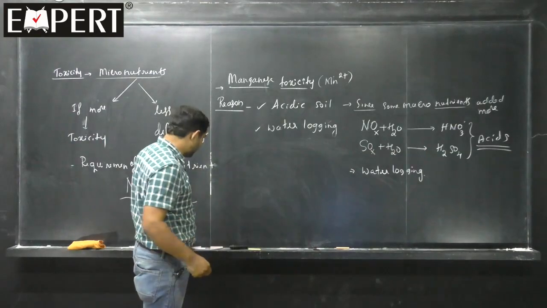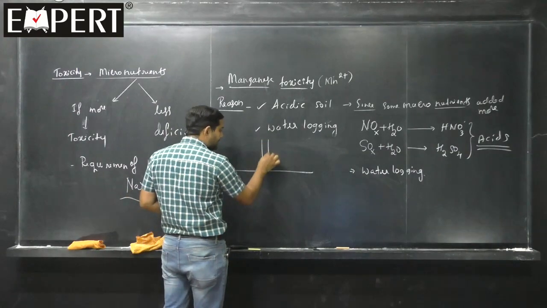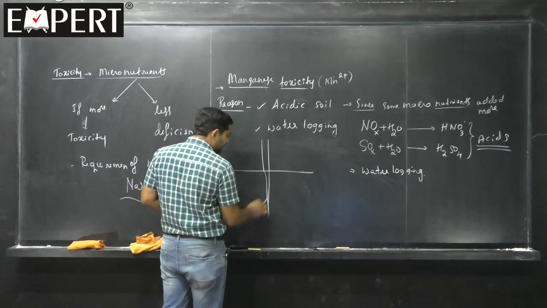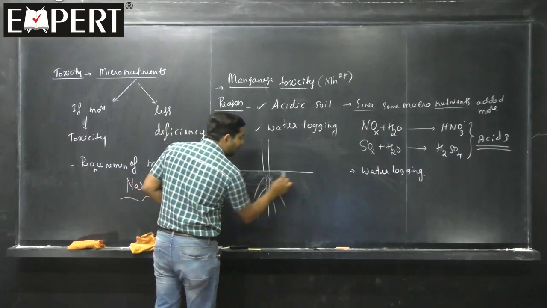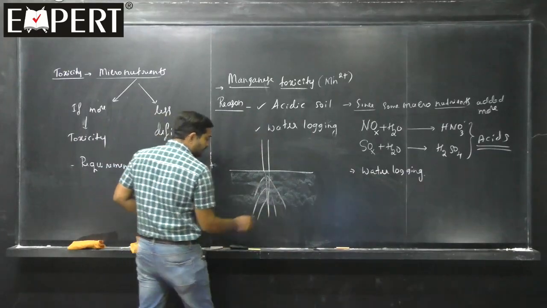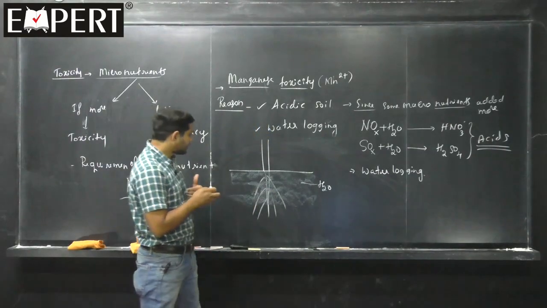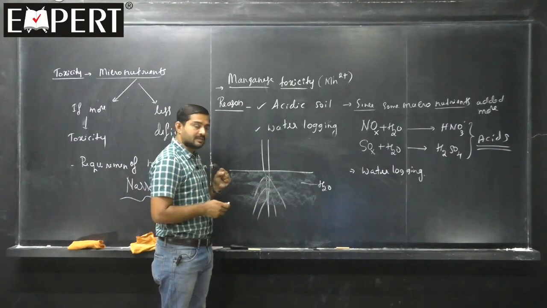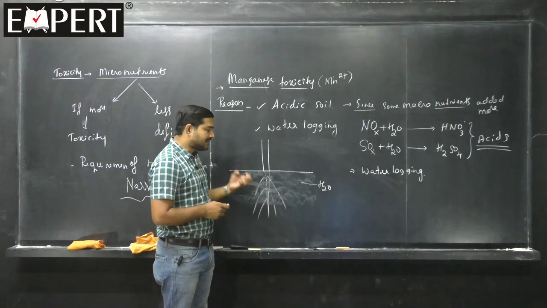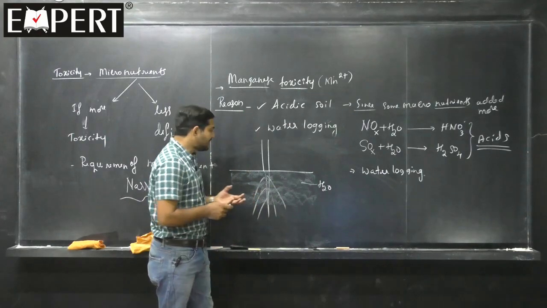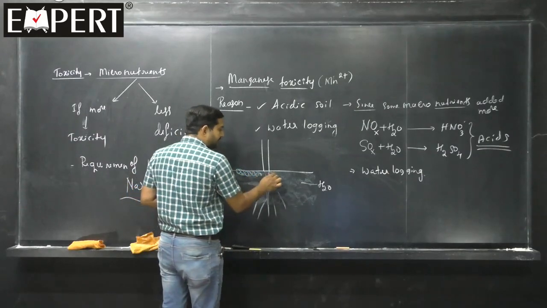What happens because of water logging? Let me tell you, listen carefully. It's a soil, it's a plant, root here, and the water is getting logged, water logging takes place. Because of the water logging, the minerals present in the soil start dissolving. Soil is a reservoir of minerals. As the minerals keep dissolving, they come to the surface of the soil.